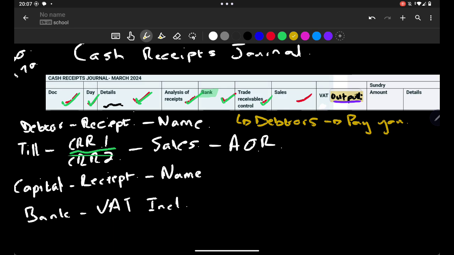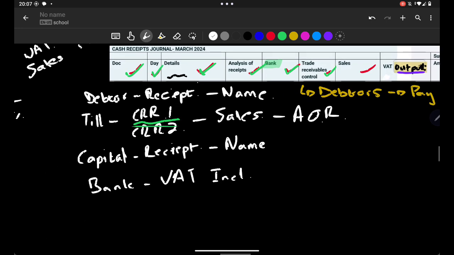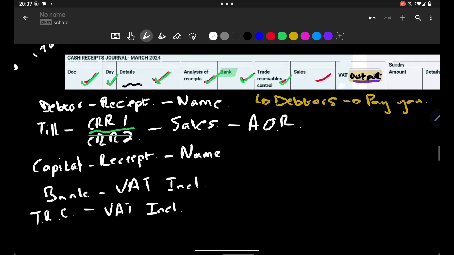They're a bit confusing at the beginning, but the more exercises you do, the easier it becomes, right? So your trade receivables control, I'm just going to abbreviate it here. Trade receivables control is also a VAT inclusive amount, right? I'm going to do this line by line, and then at the end I'm just going to sum it up so that you can understand. But here I just want to break it down and try to make things simpler.